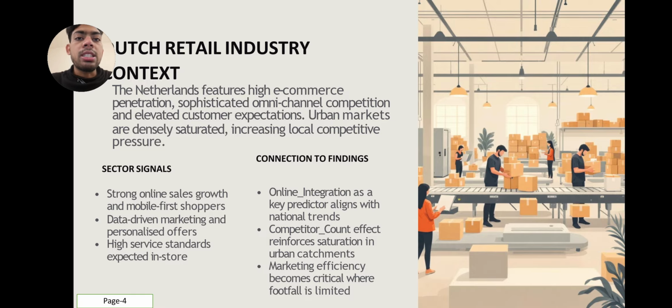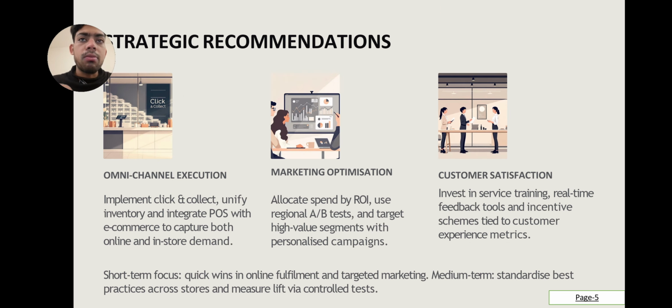So it is not surprising that online integration and competition density showed strong effects in my findings. If I move to slide number 5, this is about recommendations. Based on my findings, I suggest three main actions. Firstly, strengthen omni-channel capabilities.